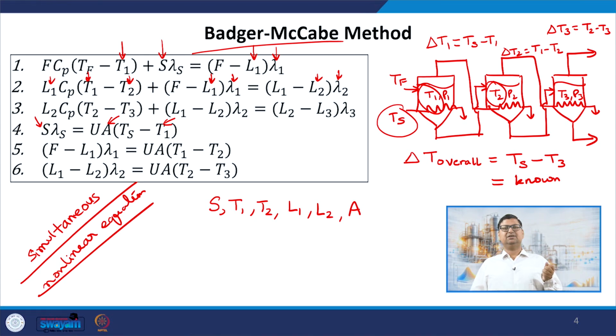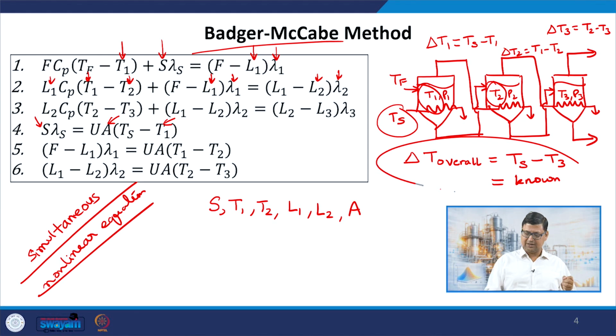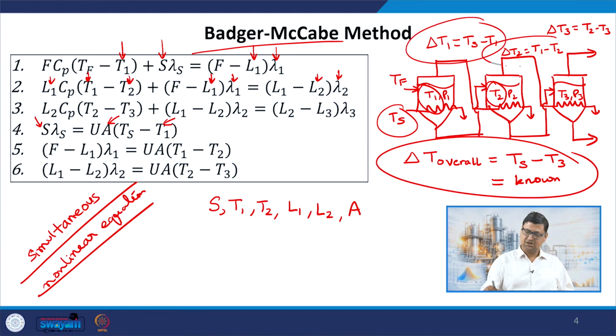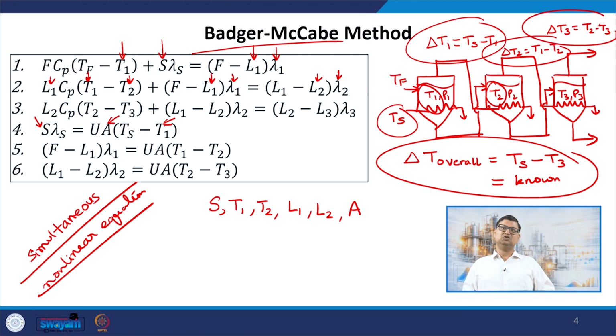So this iterative method basically starts from the notion that we know this overall temperature drop, and I will obtain some temperature drops which will be anyway incorrect because I have guessed my T1 and T2 values. But then I will somehow redistribute these temperature drops in order to develop an iterative scheme, to find new guess values for T1 and T2.